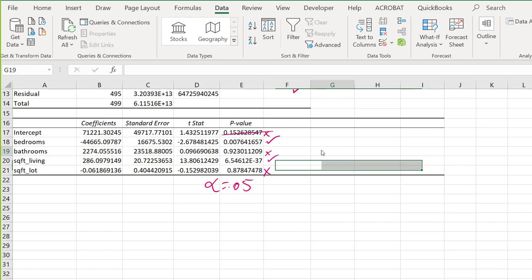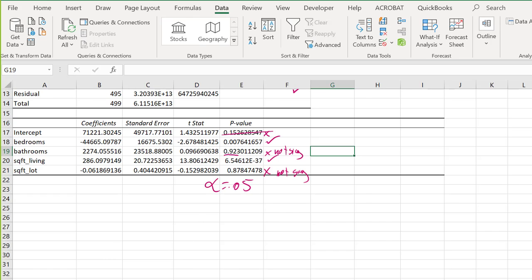And what I want to do is eliminate variables that are not significant. Not significant. Not significant. And so I'm going to take the one with the highest p-value, furthest away from significance, which is bathrooms, and I'm going to eliminate bathrooms from my results. Okay?